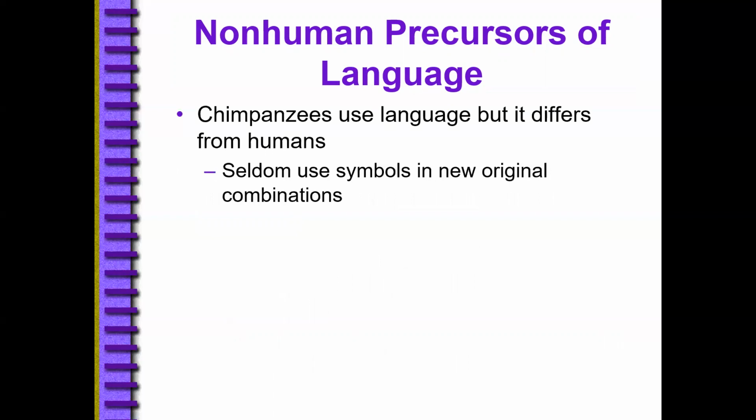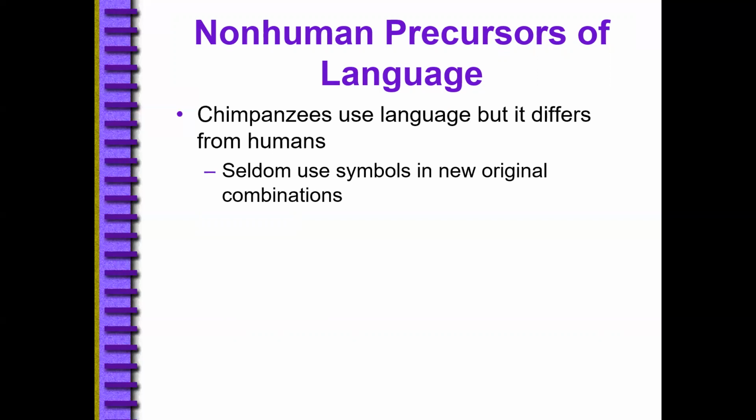One of the things is that chimpanzees seldom use symbols in new original combinations. There's been research done trying to teach chimpanzees sign language, trying to communicate, like the human might talk to the chimpanzee and try to train them to push some buttons to respond or give them the toy, things like that.